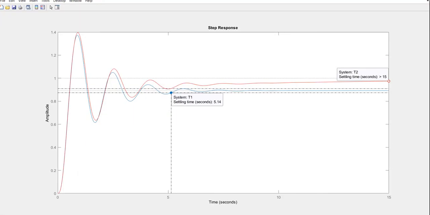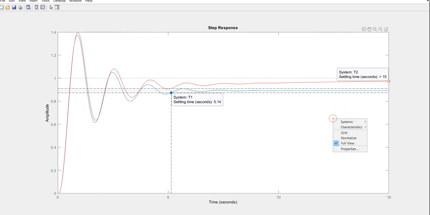For that, I already have drawn the step response of the original system, as you can see over here, with a proportional controller only. So in blue, what you see here is the step response of the closed loop system with the proportional controller with the gain which gives us the requirement on the damping ratio.